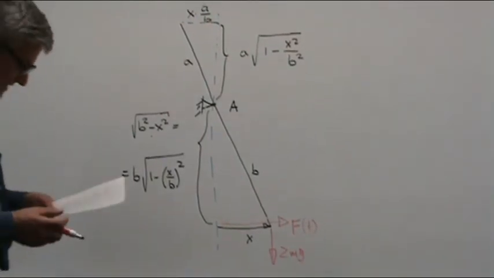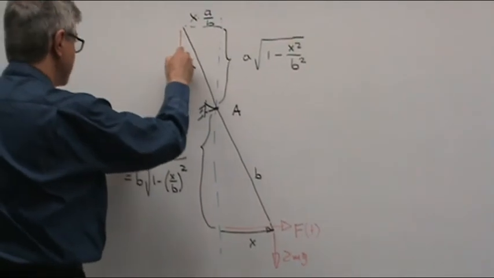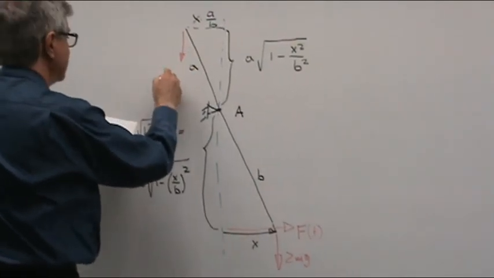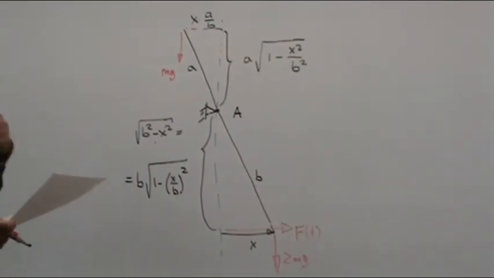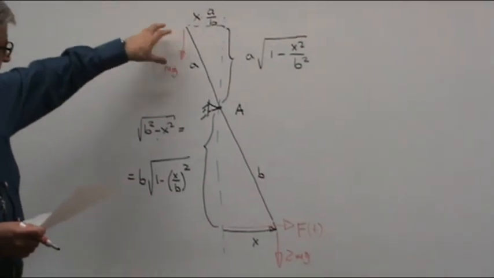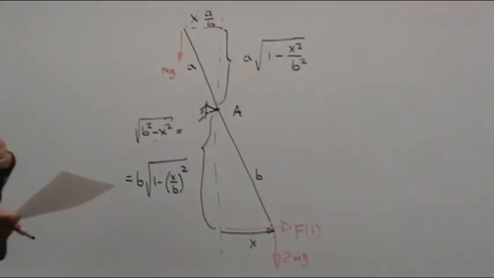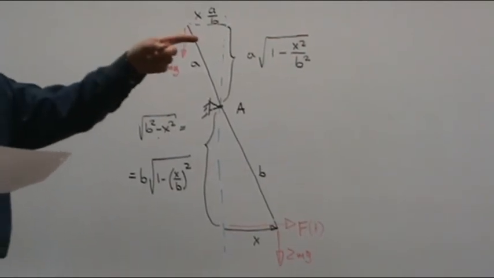Okay? On the upper part, you have mg, the weight of the upper part, and that actually tries to disturb the system away from the equilibrium. And then you have the force because of the contraction of the spring.